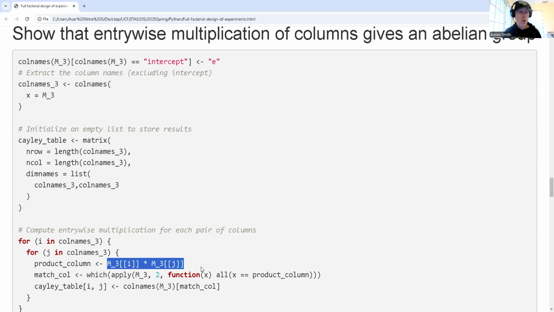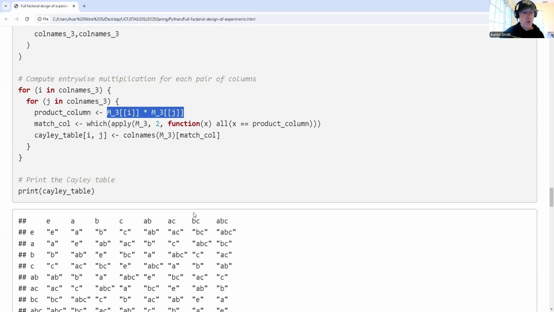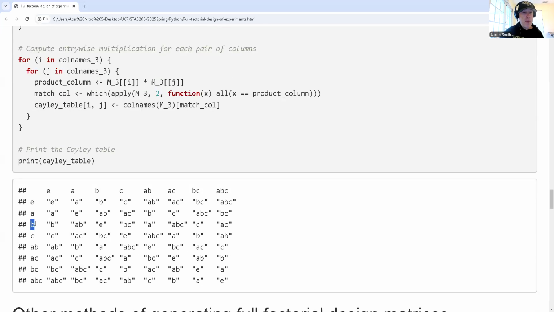That's important for non-commutative group theory. Here everything's commutative, but I just want to be consistent. All right, and so if I take B times AB, I get column A. If I take AB and I multiply by ABC, I get AB.